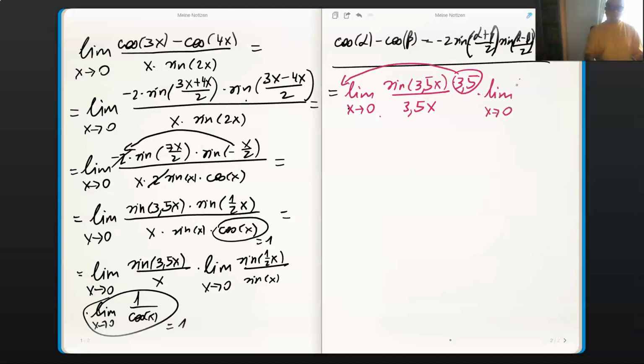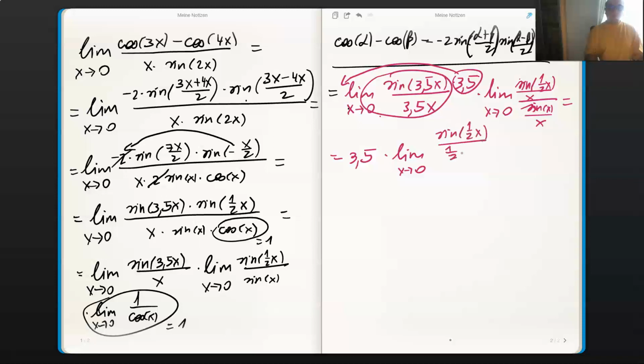We're having, if you remember, sine of a half of x, and we're just dividing this one by x, and we're also dividing the sine of x by x, so we're not changing anything. At the same time we're having 3.5, this limit is 1, times limit x towards 0, and once again we need a half here.